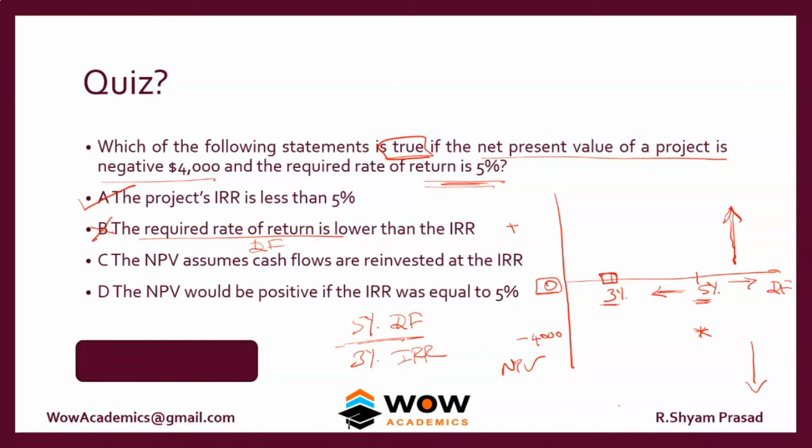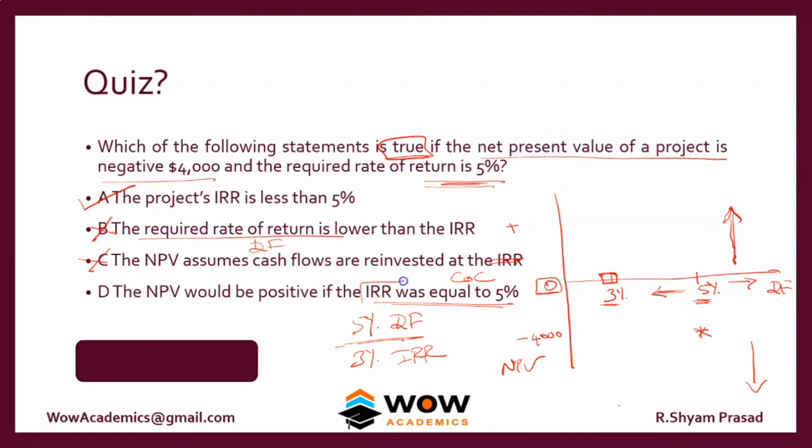He's trying to distract us. NPV assumes cash flows are reinvested at the IRR. No, it's reinvested at the cost of capital. So this is wrong. The NPV would be positive if the IRR was equal to 5%.